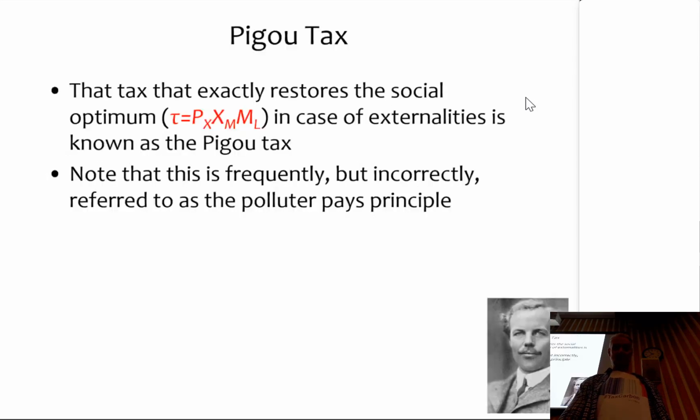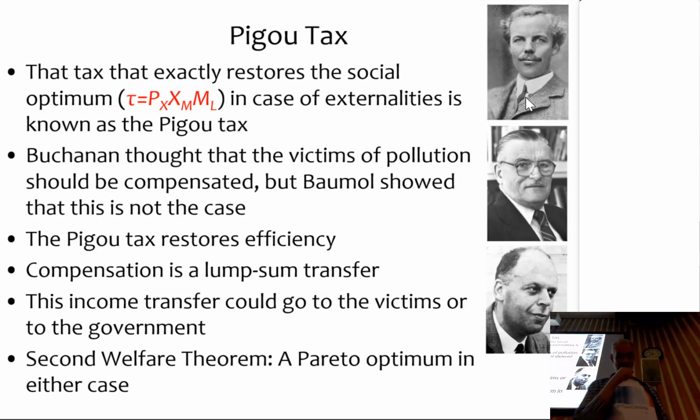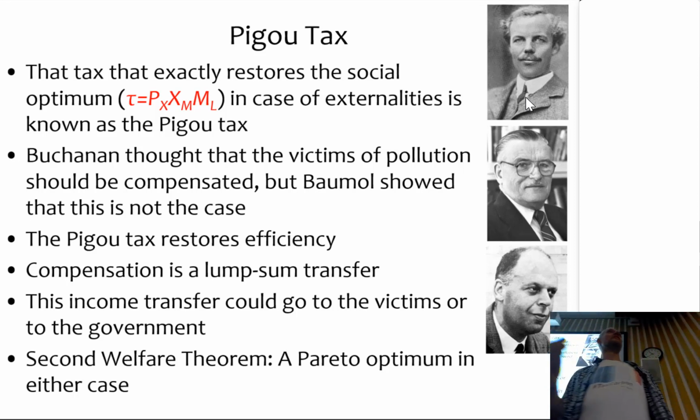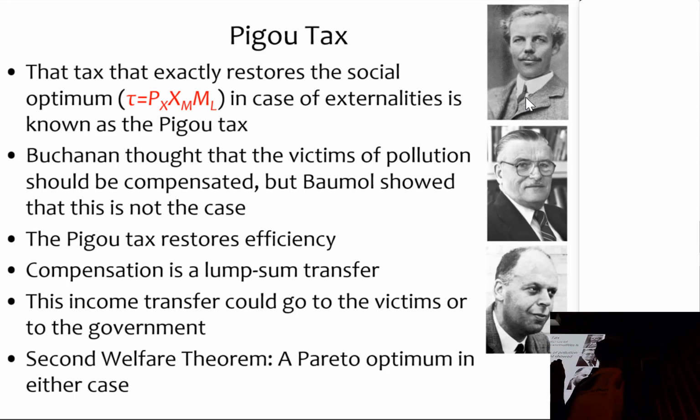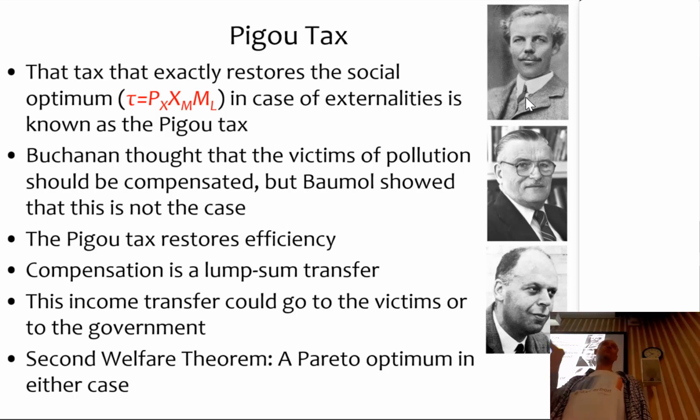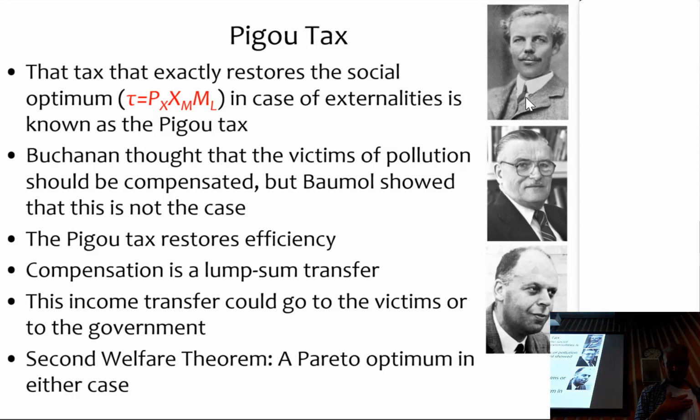So by the second welfare theorem, this compensation, which you may argue is the right thing to do, does not affect behavior. This is second welfare territory. This is a redistribution of income. It gets you to a different Pareto optimum. It does not necessarily get you to a higher or a lower Pareto optimum, right? And that insight is due to this gentleman here.